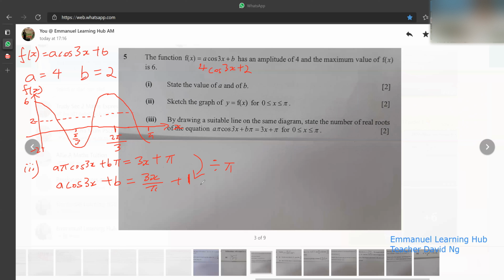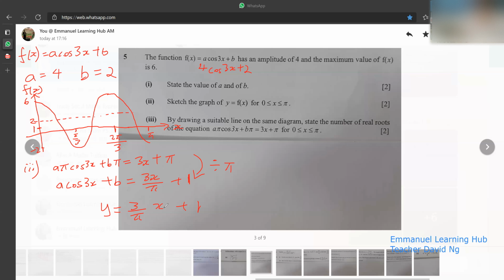You have to manipulate this equation to get this expression here, and this is your f(x). In other words, I just draw this graph, y equals 3 over pi x plus 1. I get my plus 1, y equals mx plus c, so this is my c, and my gradient m is 3 over pi.